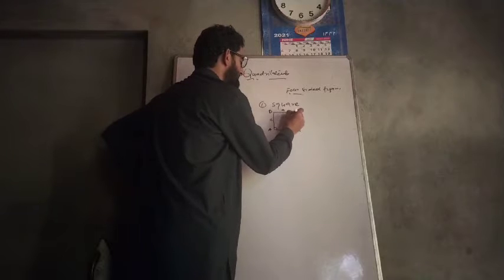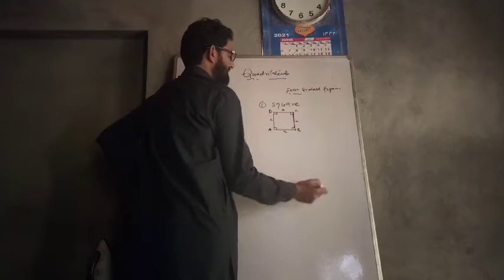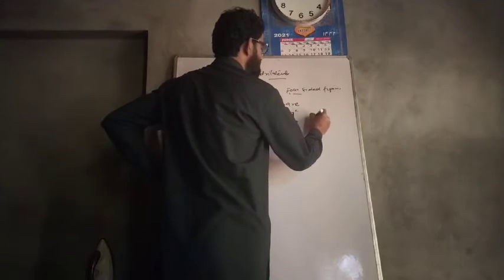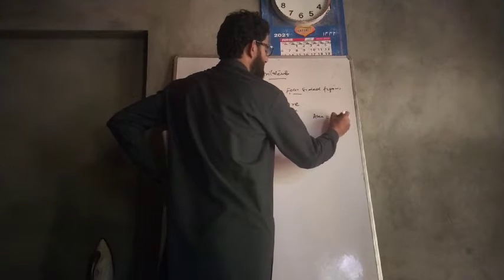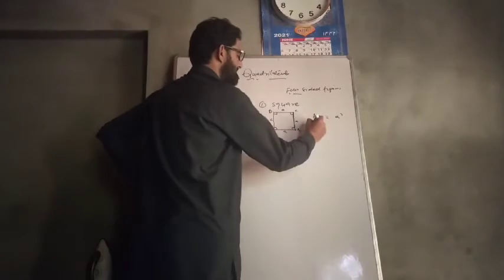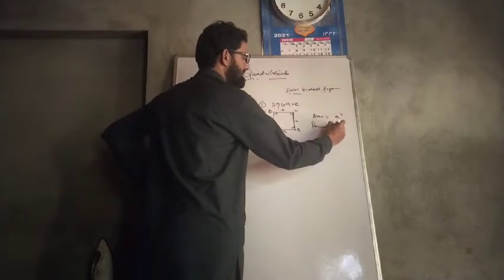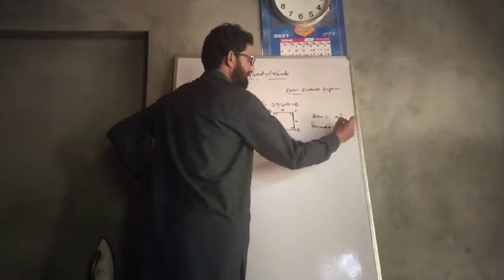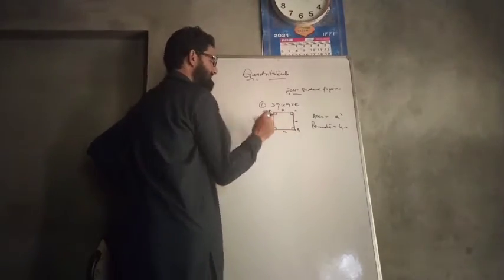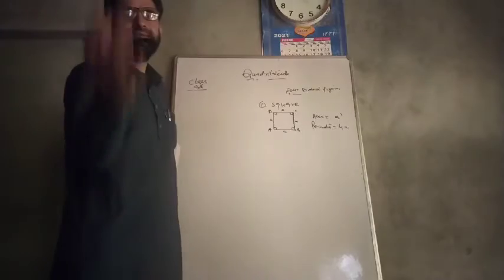They are 90 degree. So square, its area is given by side square, that is A square, and its perimeter is given by 4A, A plus A plus A plus A. Perimeter, you know, is the sum of all sides of a figure.